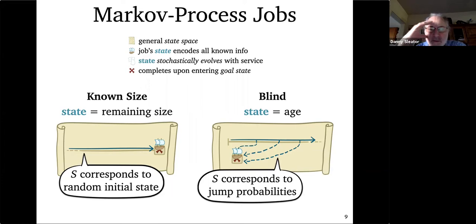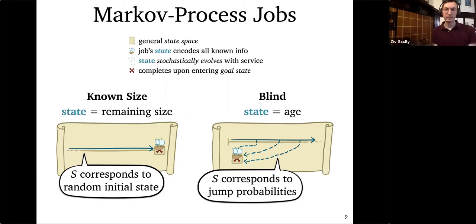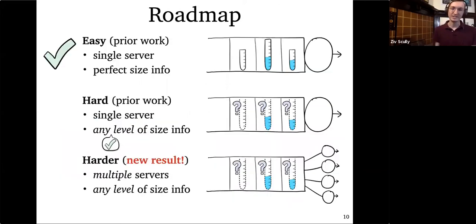Does this relate to the algorithm you're going to propose, or does it have nothing to do with the algorithm you're going to propose? It seems like your algorithm will determine how fast it's going to finish and how it makes these state transitions. I guess I'm missing something. Sure, that's a good question. What I've told you so far is how we deal with modeling any level of size information.